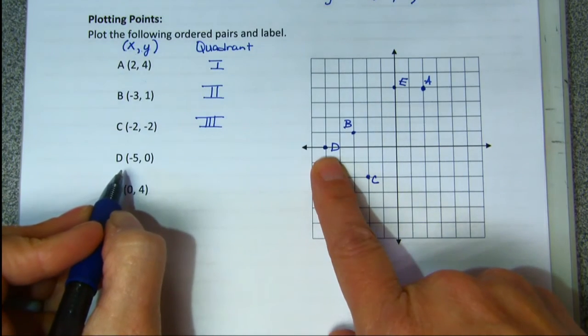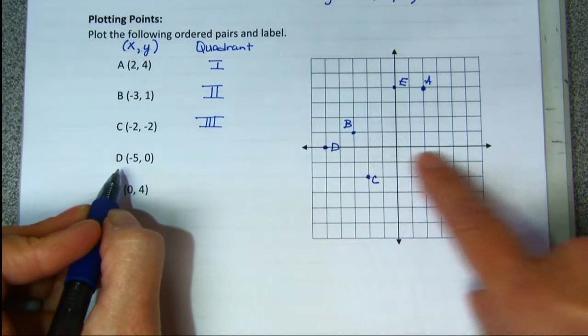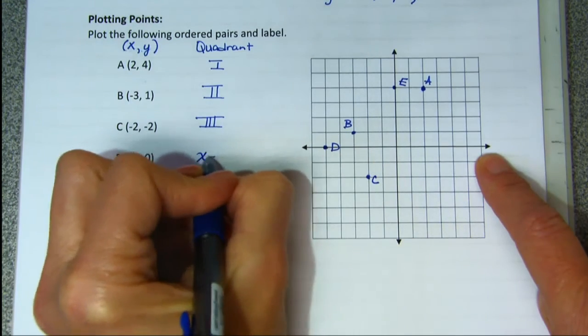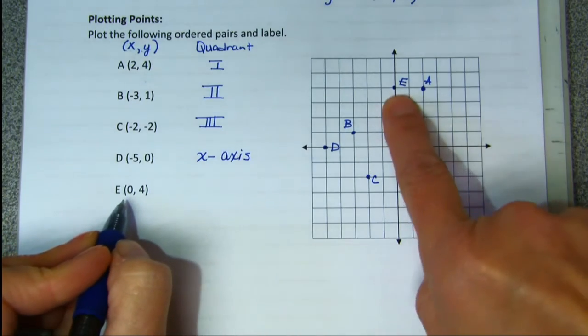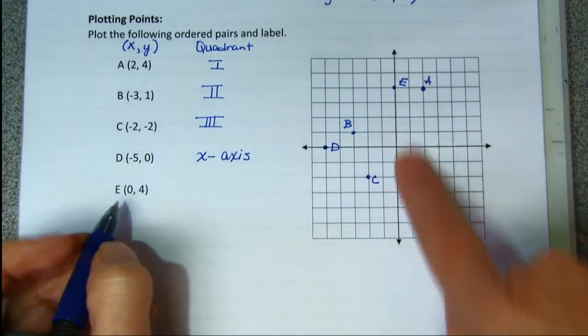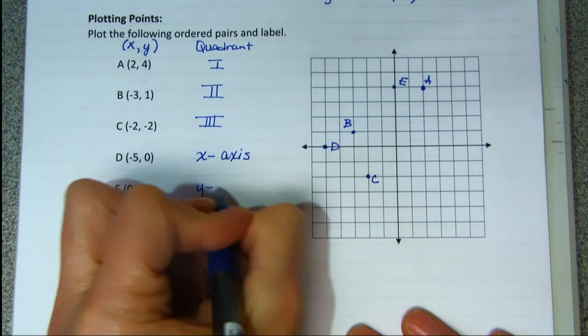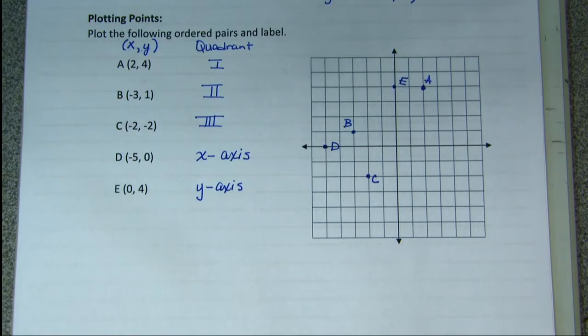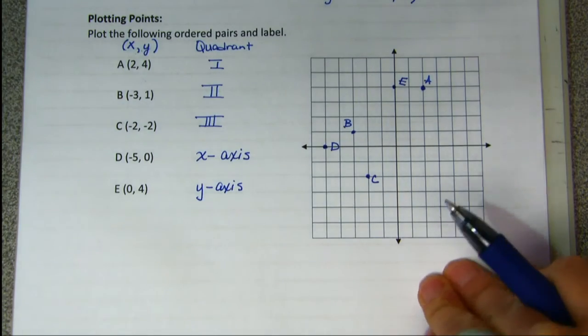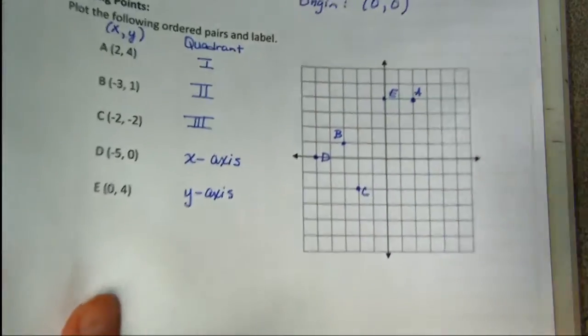D, notice it's not in a quadrant. Where is it? It lies on the x-axis. Point E, notice it's not in a quadrant. It lies on the y-axis. All right, so that's how you plot points.